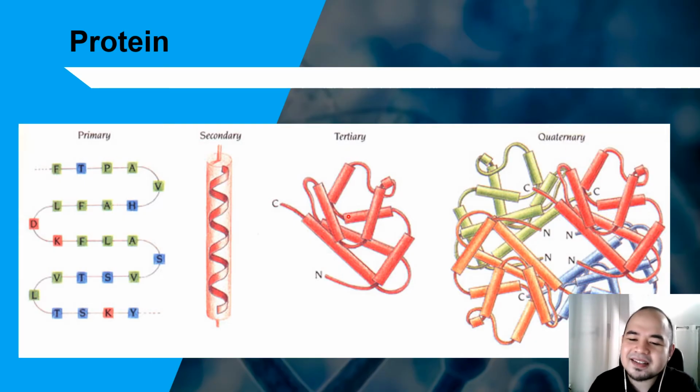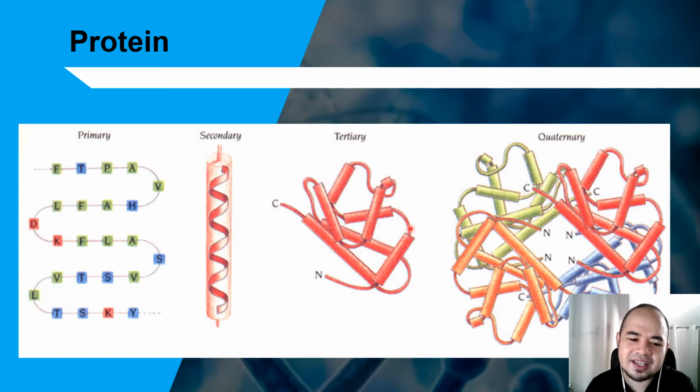So, to make it simple to everyone else, when we say it's primary, it's basically like one amino acid connected to another and another and another. Kung makita nyo, linear lang siya. Okay? But then, pag secondary na siya, it can be alpha helix or beta sheet, parang yero, parang roof, parang bubong. Okay? And then we have the tertiary, and then we have the quaternary.